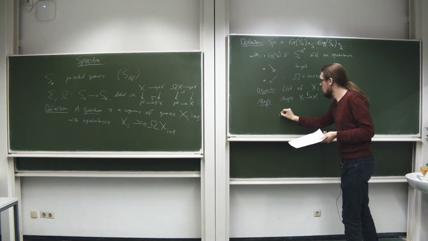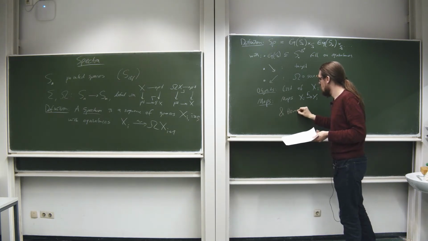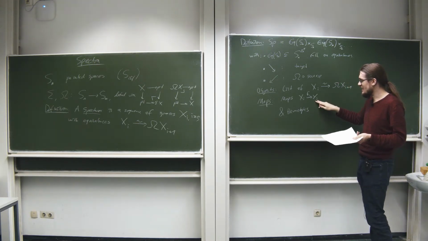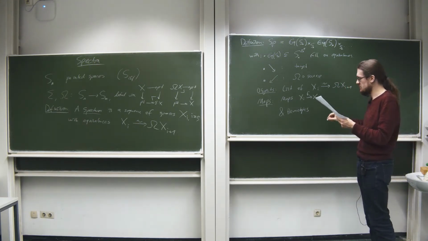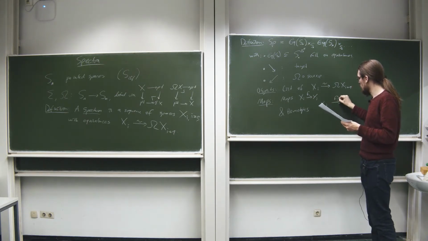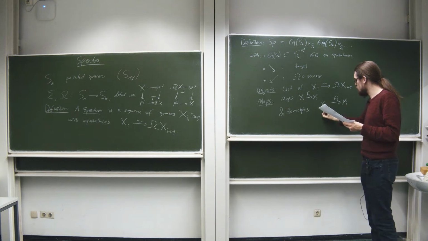So a map will consist of a choice of maps like this and chosen homotopies for each square like this.